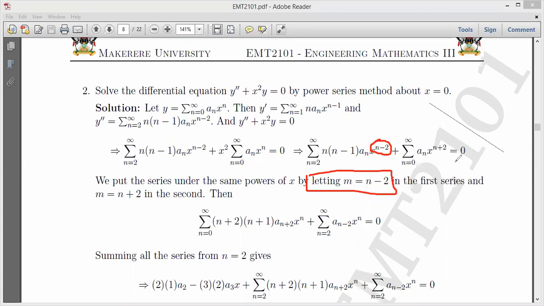If you let m equal to n minus 2, that is this part here, I'll later make the m again n. So m is n minus 2.